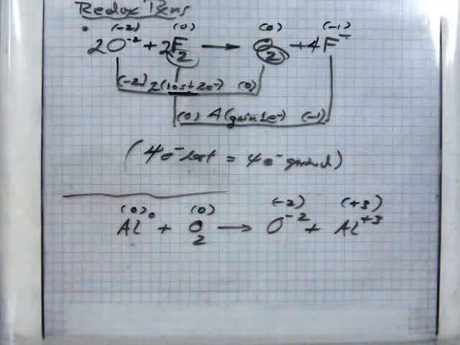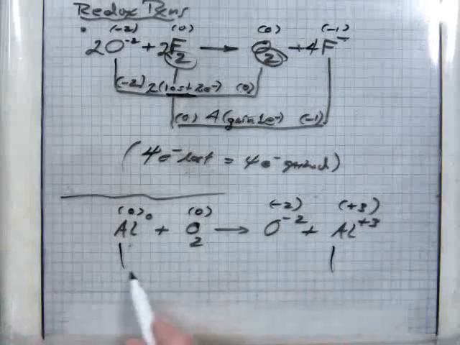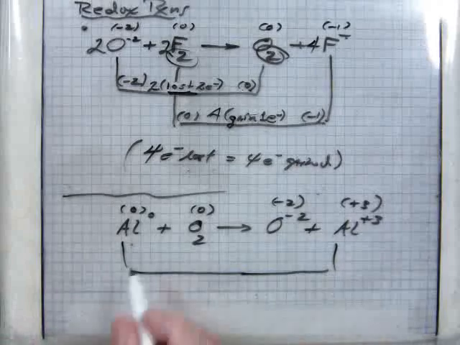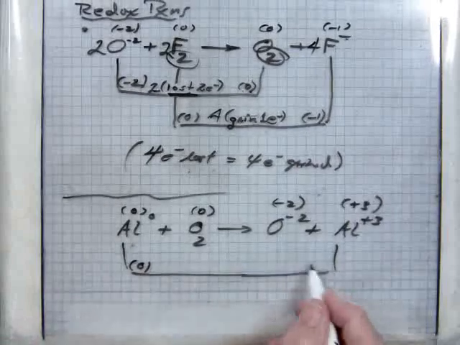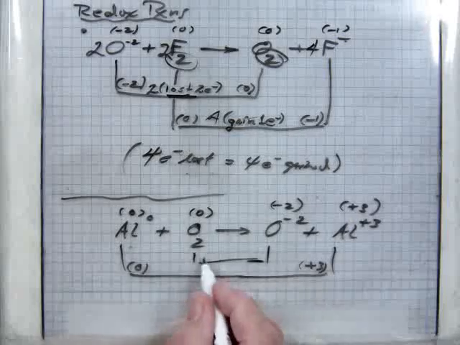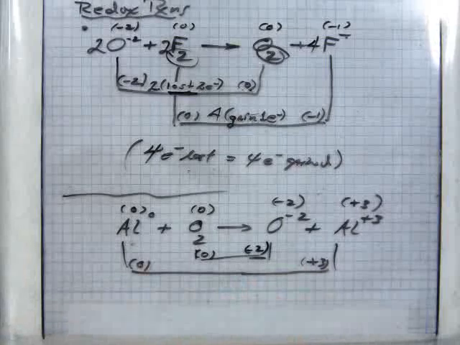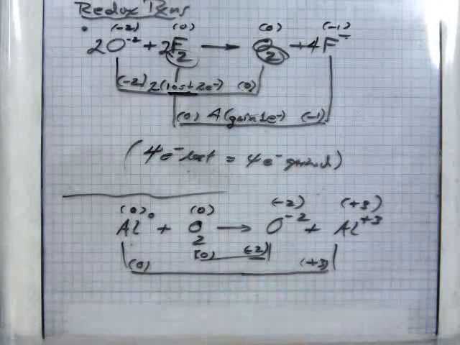Okay, then we see what the changes per element are. So aluminum, we see, is going from a 0 to a plus 3, and oxygen is going from a 0 to a minus 2 per oxygen. So how did these occur?